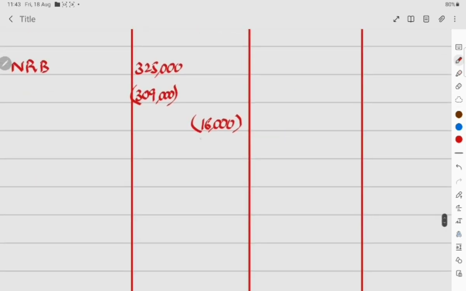So as a result of this availability of nil rate band, the taxable amount reduces to 2,41,000.